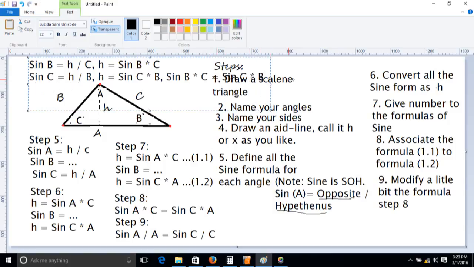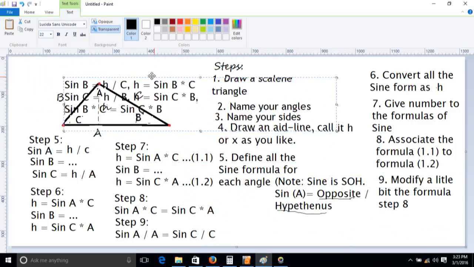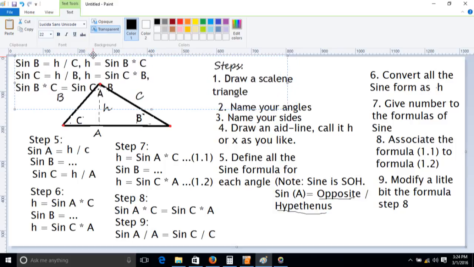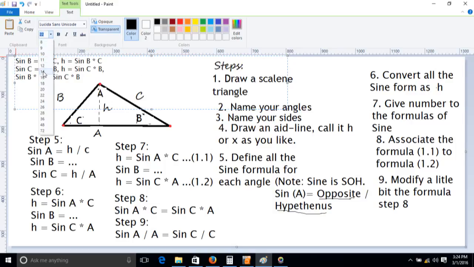So sine B is equal to h over c, h is equal to sine B times c; sine C is equal to h over b, h is equal to sine C times b.